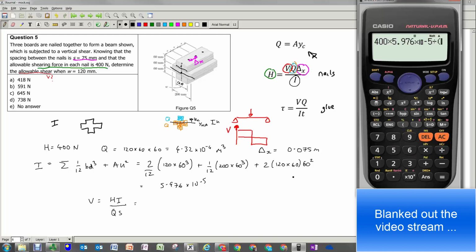So just plug our numbers in there. We see that we've got 738 newtons. Notice that's a force, so we've got a solution that we can use.